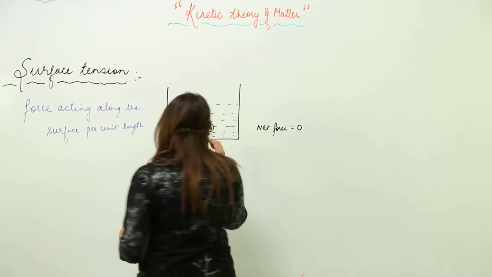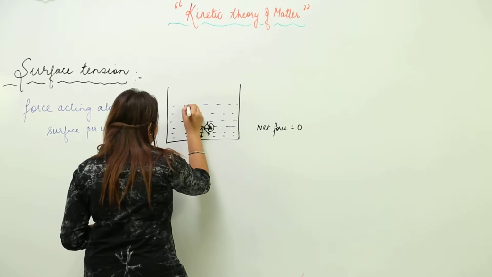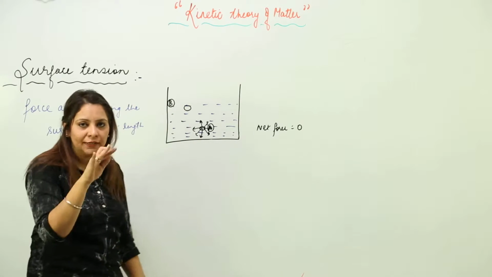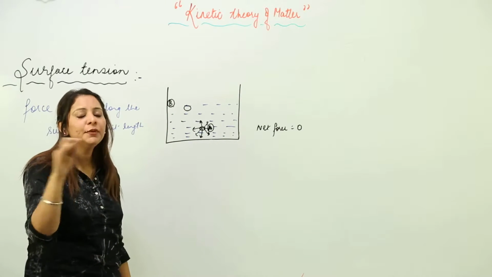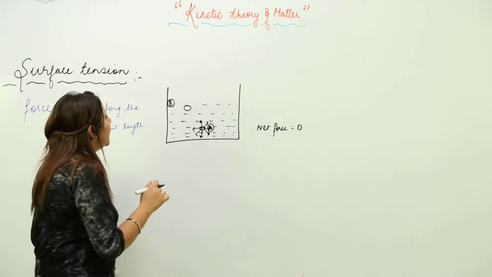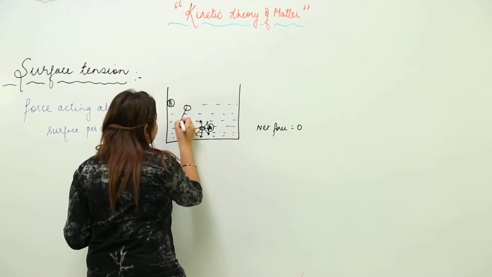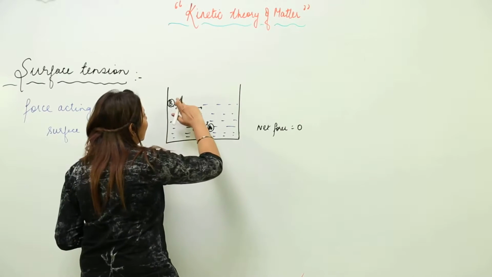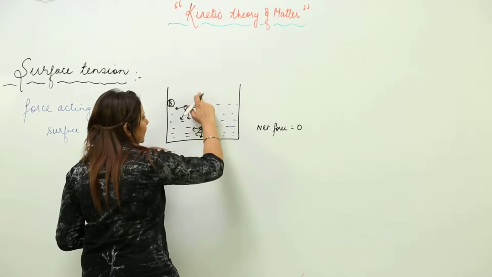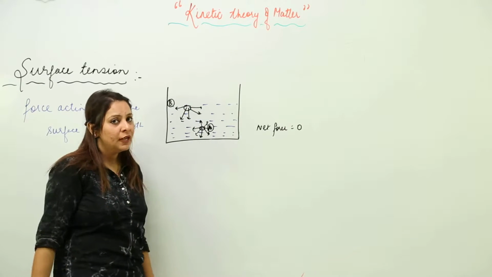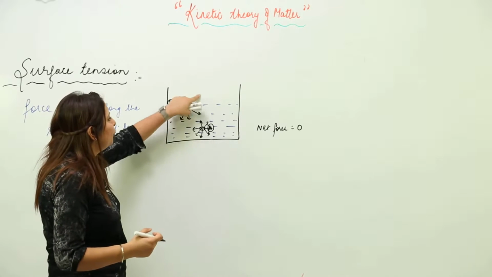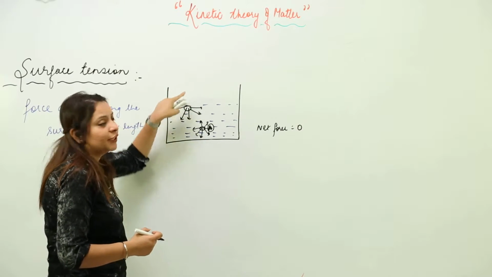Now let us consider a particle at this point, let us say point B. The particle present at the top, on the upper free surface, is being attracted by the particles present below it, from this side, from this side, from this side. But there is no force from the upward direction which can balance it.